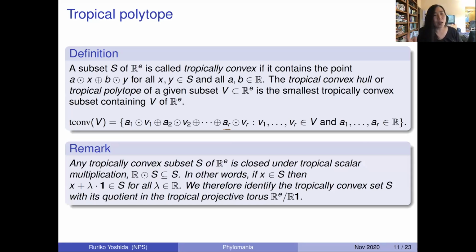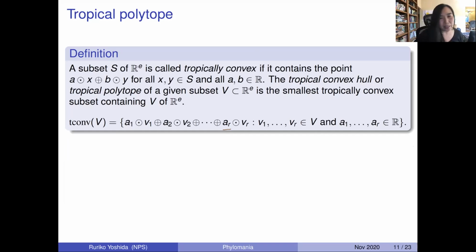Also, another thing that is kind of not intuitive is that we use all tropical arithmetic over the tropical projective space, which is modeled by the all-ones vector, 1, 1, 1, 1. There is a reason.